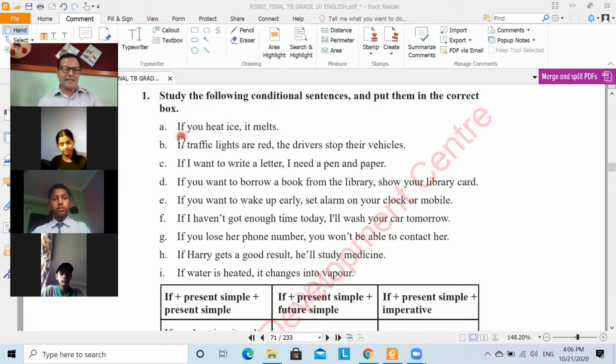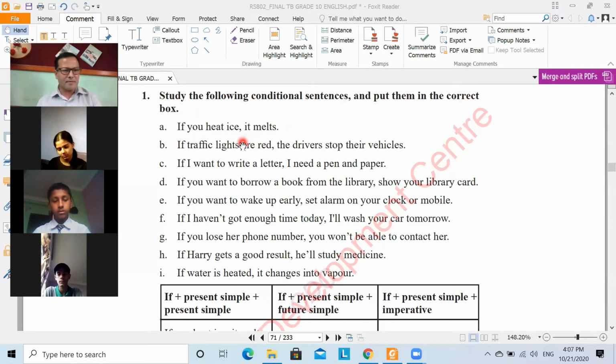In number A, if you hit ice, it melts. Ice melts only when it is heated, isn't it? This melting is totally conditioned by the action of the if clause. If the condition of the if clause is fulfilled, then only we will get the result of the main clause. That's why it is called a conditional sentence.